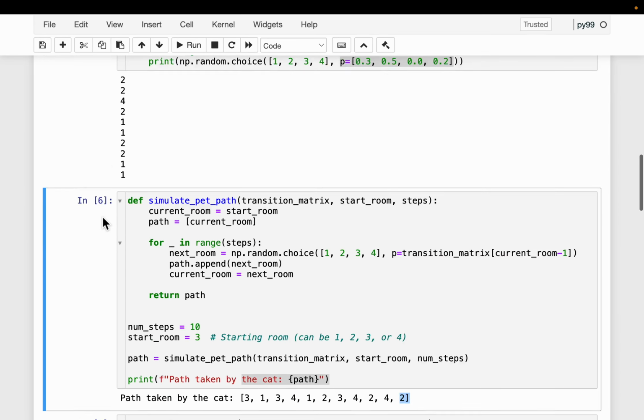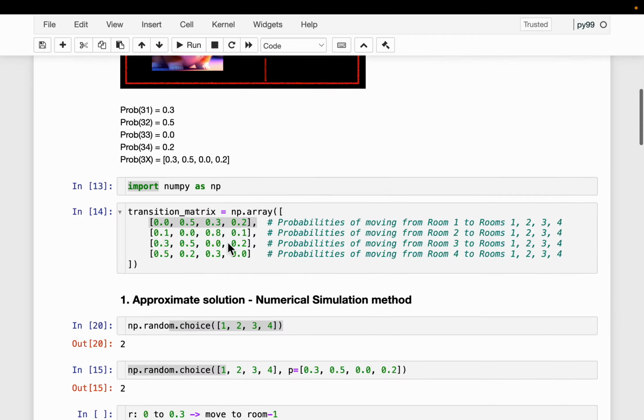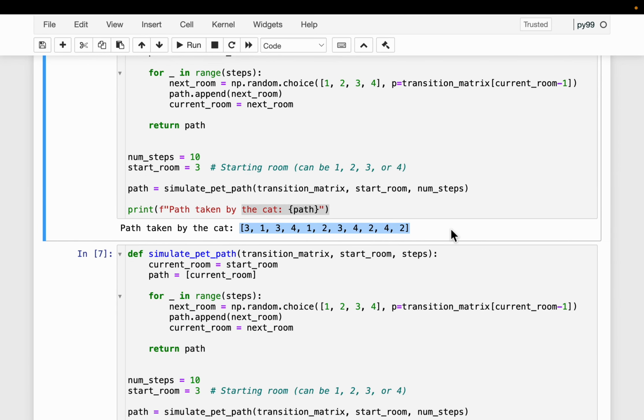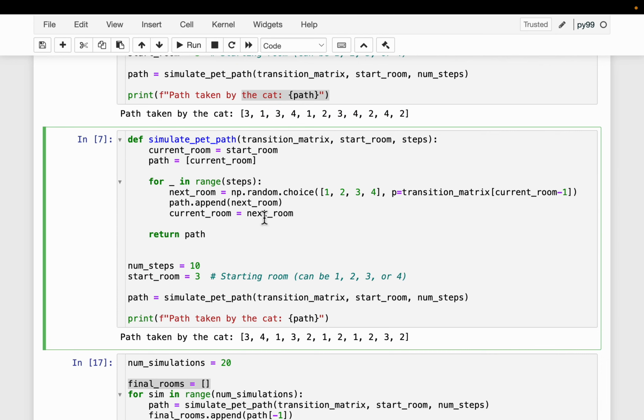So does it mean it is always going to be in room number 2 after 10 steps? The answer is no. This is only one of the possible scenarios, because at every step we used probability to find out the next room. Now, if we run this again, we might get a different answer.